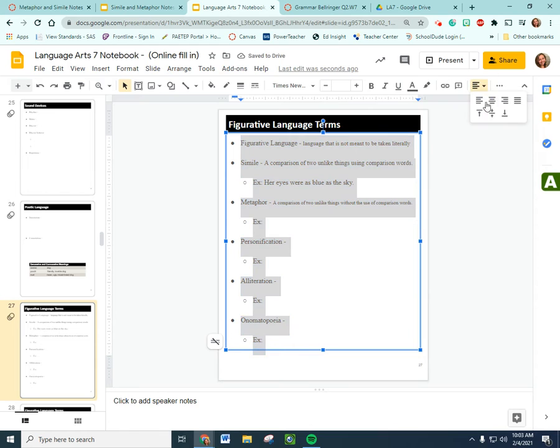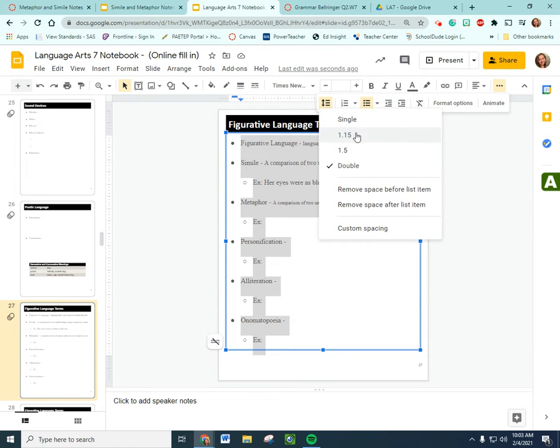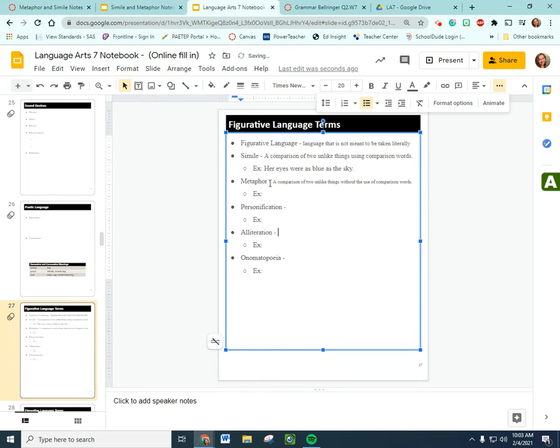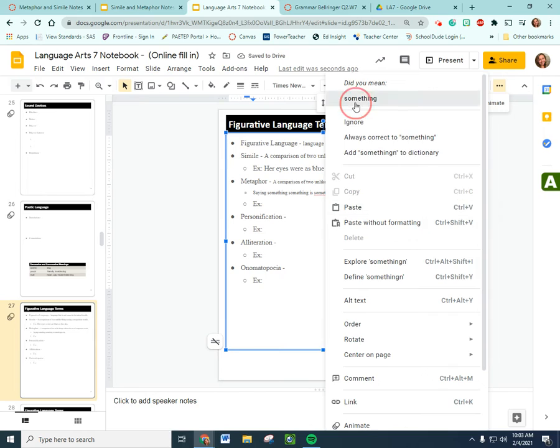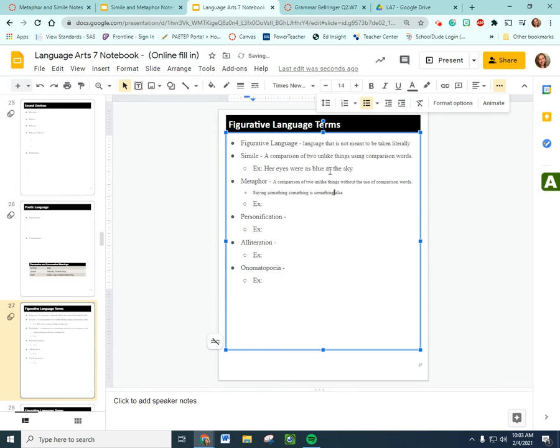A metaphor is saying that something is something else. So instead of saying, like our example up here, her eyes were as blue as the sky, we would say her eyes were the blue sky.